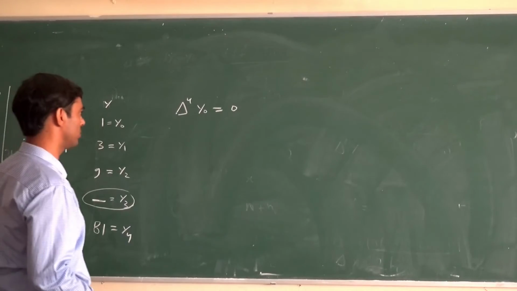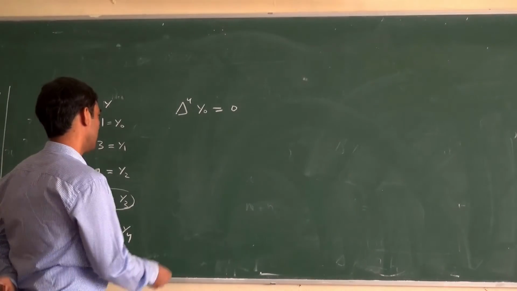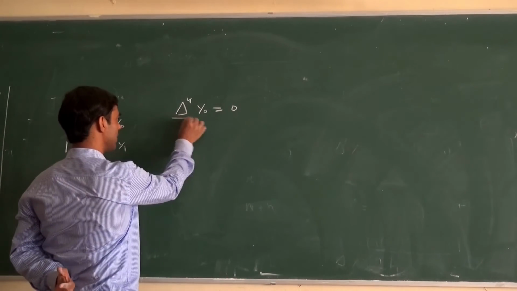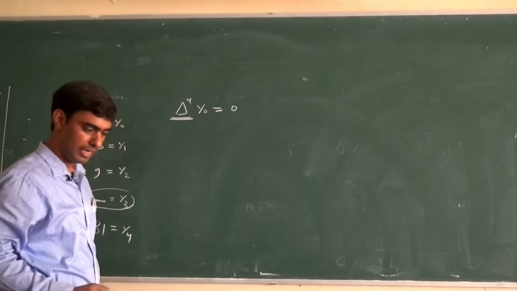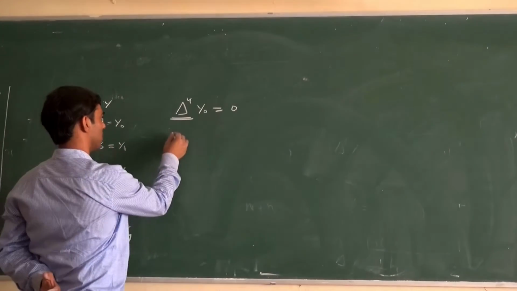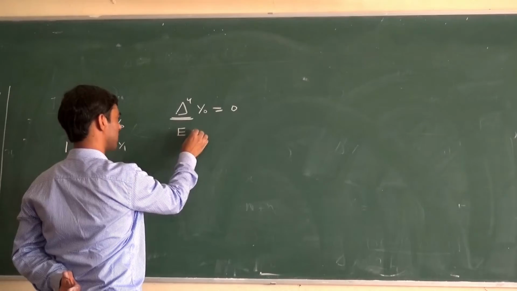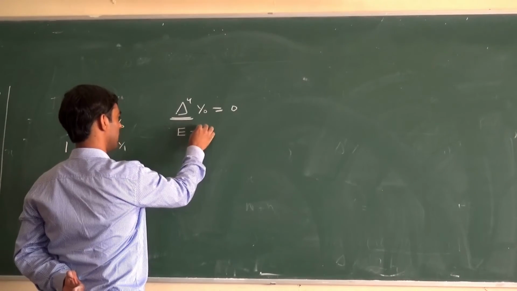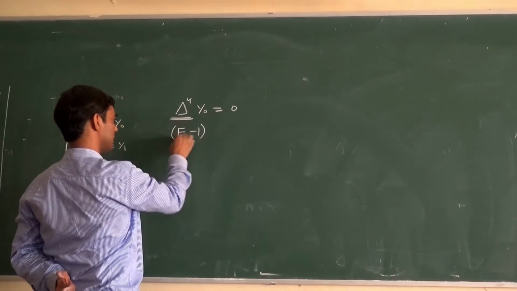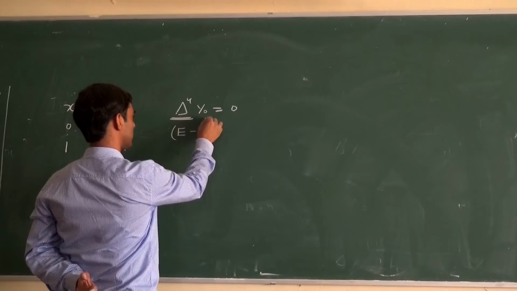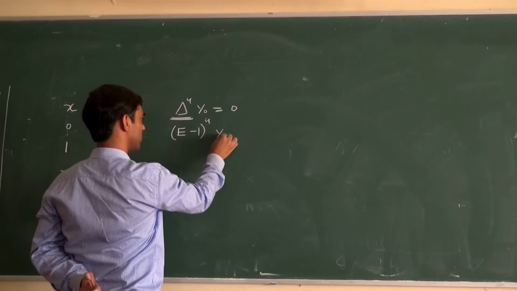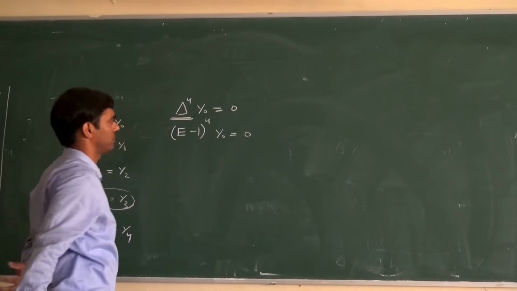So Δ⁴y0 equals 0. If we write Δ in terms of the shift operator, Δ equals E minus 1. So (E minus 1) to power 4 y0 equals 0.